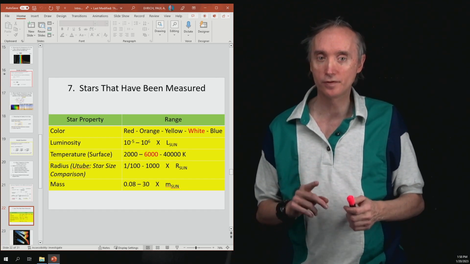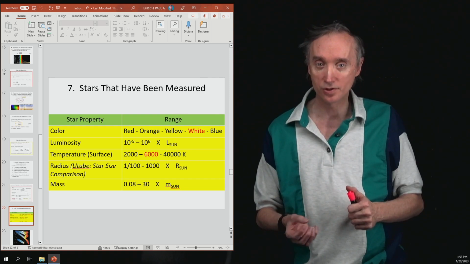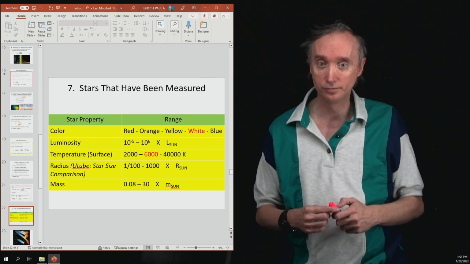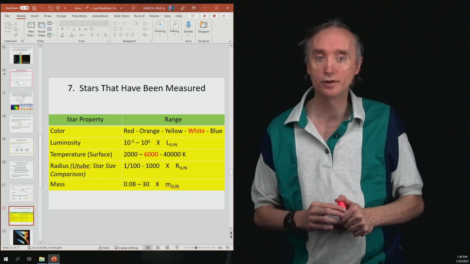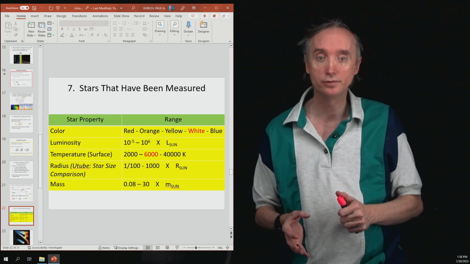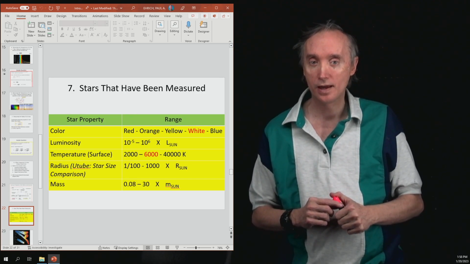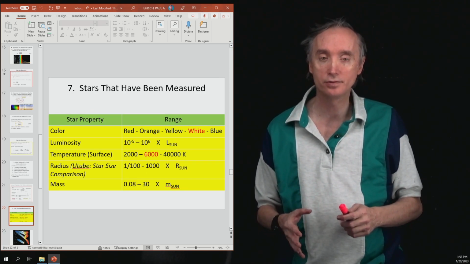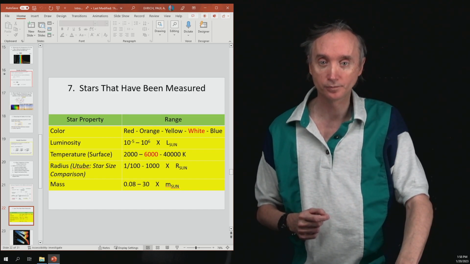Now this is the surface temperature, not the temperature of the inside of the star, which is in millions of Kelvin. But the surface temperature of stars varies between 2,000 and 40,000 Kelvin. And then notice that 6,000, that's the temperature of the surface of our sun.